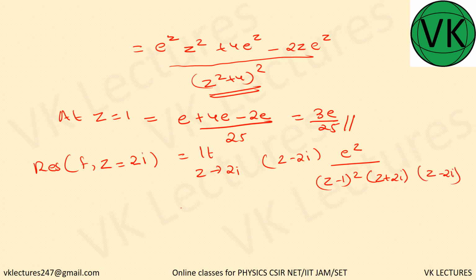So this is equal to e raised to 2i divided by (2i - 1) whole square into 4i, which is equal to e raised to 2i divided by 20i.